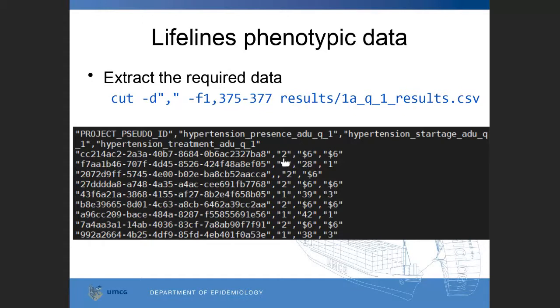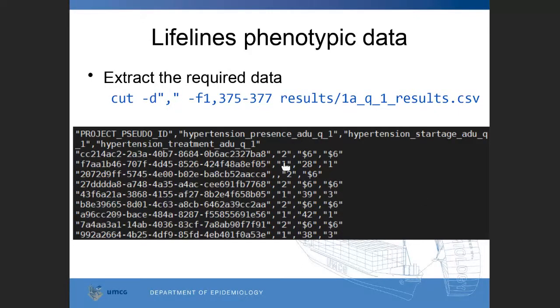Here is a $6. This person has identified the 2 for hypertension presence, which means I don't have hypertension. So then this person doesn't have to answer the question on what's the start age of hypertension, because he doesn't have hypertension, and also not what hypertension treatment he is on.